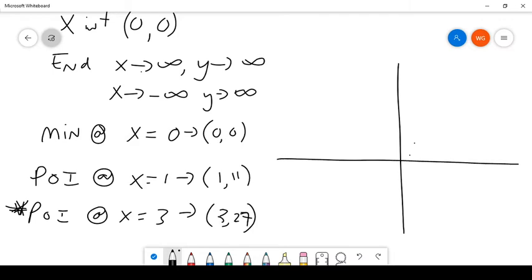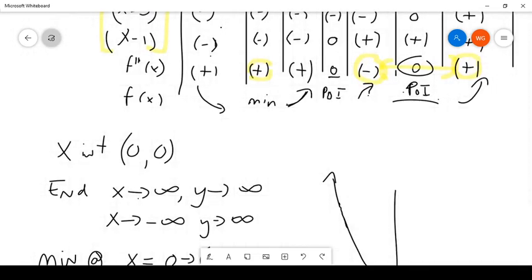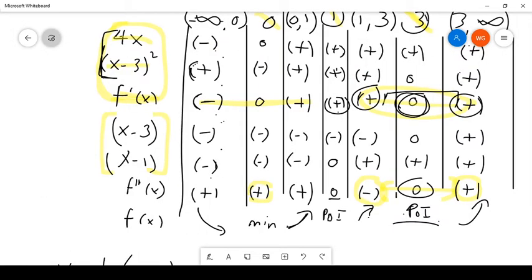Okay, so just a rough sketch of the situation then. We have an x-intercept at 0. We have a minimum at 0. We have a function that is concave up from negative infinity to 0. We then observe from our chart that the function has positive slopes to the right of 0, and that it reaches a point of inflection at 1, 11.